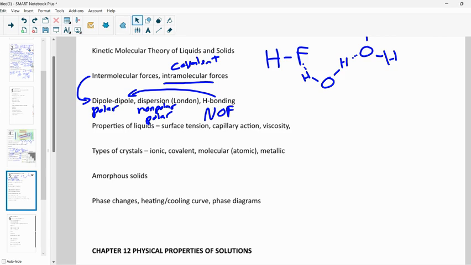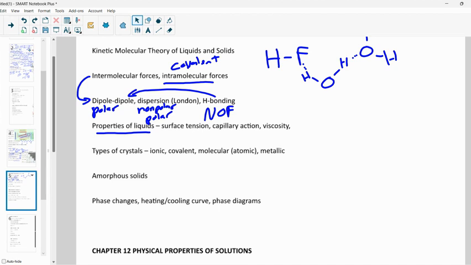All right. So in general, dispersion forces are the weakest, but if we have enough electrons there, they can be significant. Then dipole-dipole, then hydrogen bonding. All of these forces lead to the properties of our liquids. High surface tension, right? Surface tension, the attractive forces at the surface and underneath, holding those particles in place at the surface.